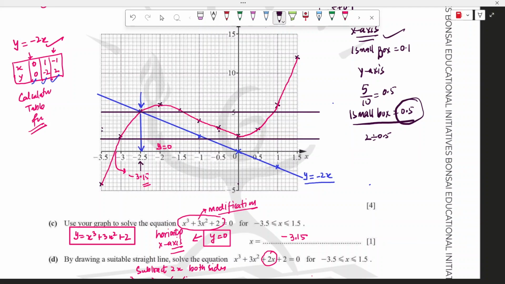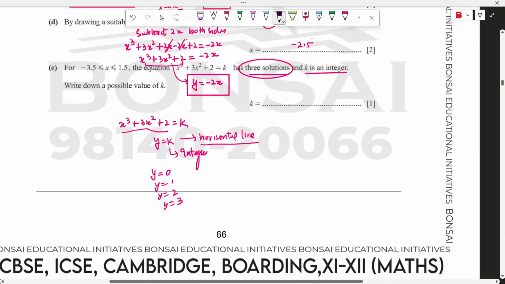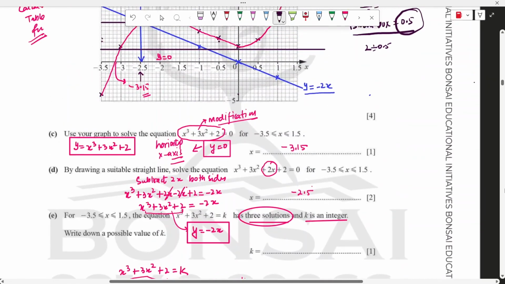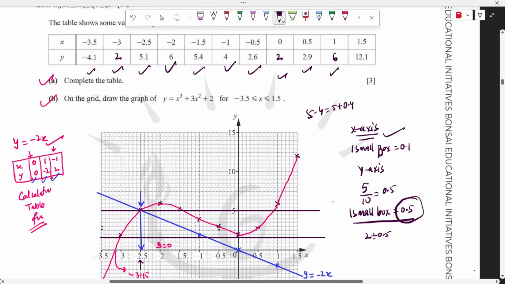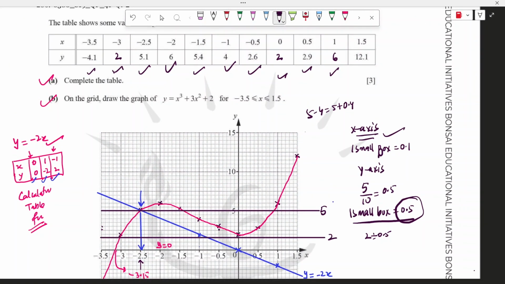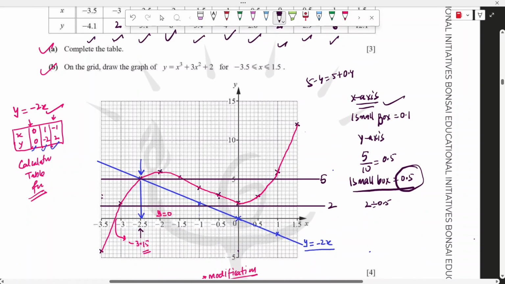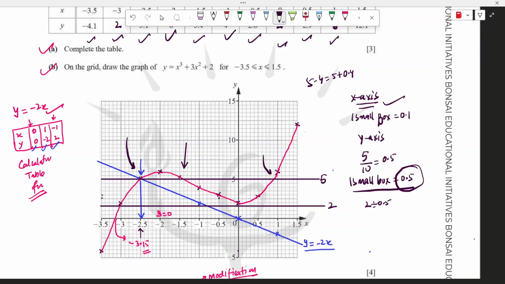This is the approximate turning point here. If I try to put it, this is 5 and this is 2. So if you see the graph of 5, it is cutting the graph at 1, 2 and 3 points, and 2 doesn't satisfy our condition because it is not intersecting the graph at 3 points.